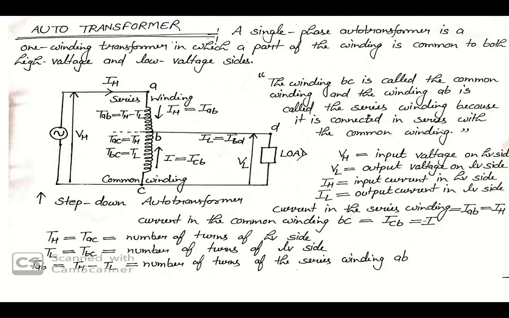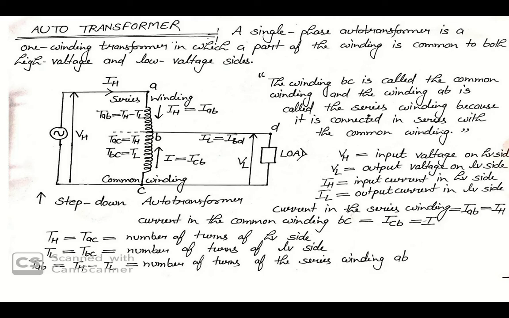Now, what is the auto transformer efficiency? Conventional transformers have high efficiency. Auto transformers have even higher efficiency due to two reasons. First, in an ordinary transformer, the total electrical power is transferred from primary to secondary by transformation, and power transformation results in power loss.